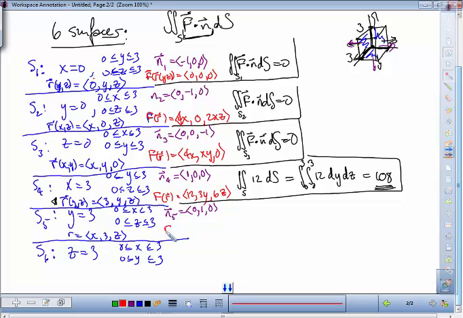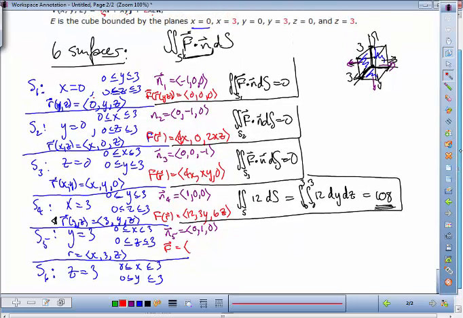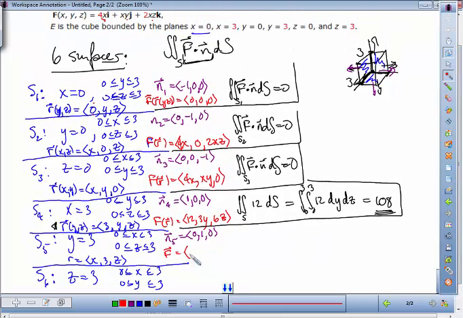Now if we put that particular parameterization into the function, our function is 4 times x. Our y is x times y, so that's 3x. And our z is 2xz, so 2x and z. But when we dot these, the only thing that'll come up is the 3x.